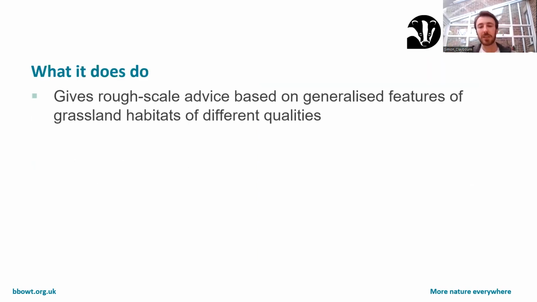So what it does do, it gives a very rough scale of advice based on generalized features of grassland habitats of different qualities. So instead of being really picky about doing very detailed surveys, it's a very broad brush look at some key indicators that might tell us how good or how bad a grassland is.